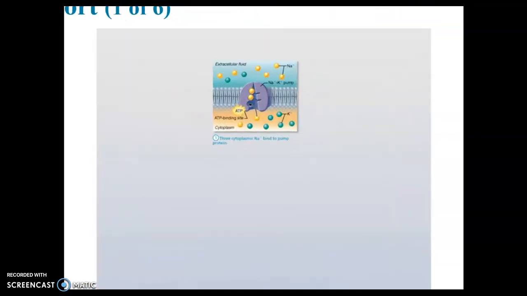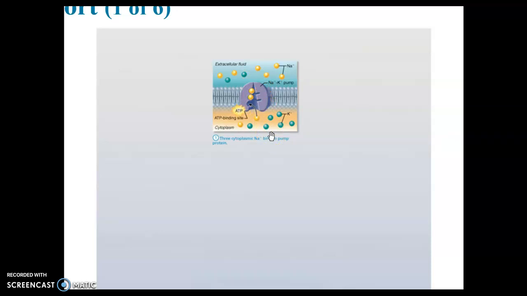Okay, so the sodium-potassium pump is actually this purple carrier protein, this purple pump right here. The sodium in this case is the yellow molecule and the potassium is the green. Even though the concentration of sodium inside the cell is low and high outside, the pump still pumps 3 sodium ions outside the cell for every 2 potassium that it pumps in.